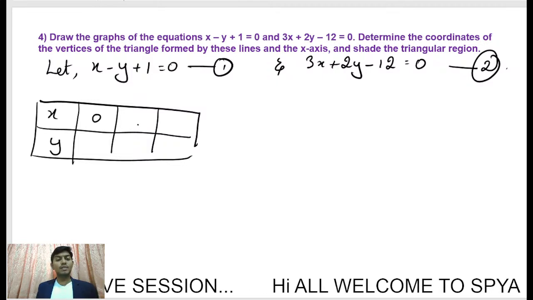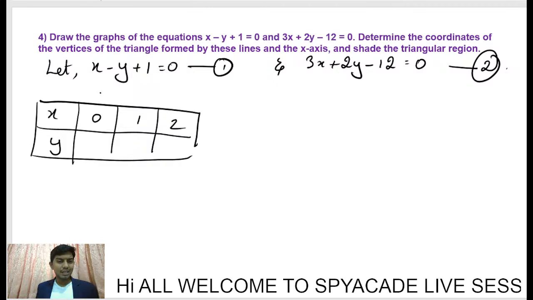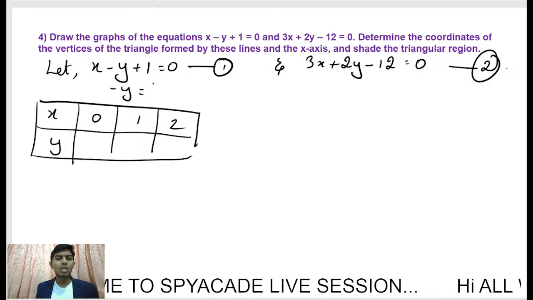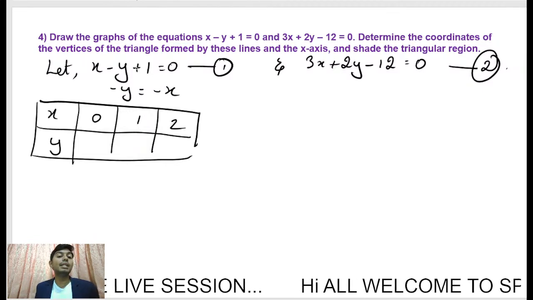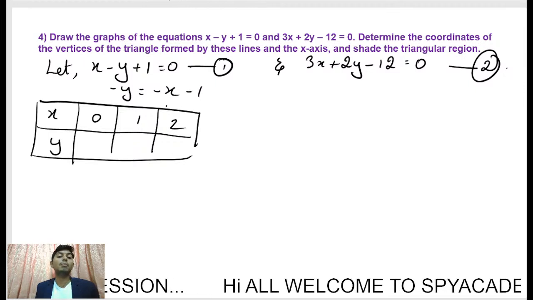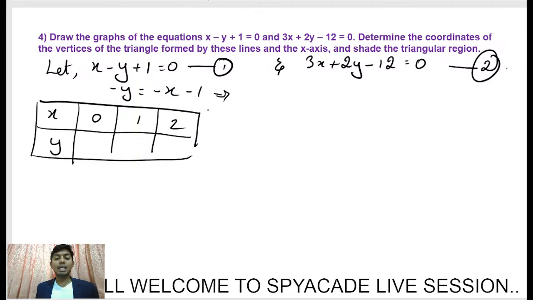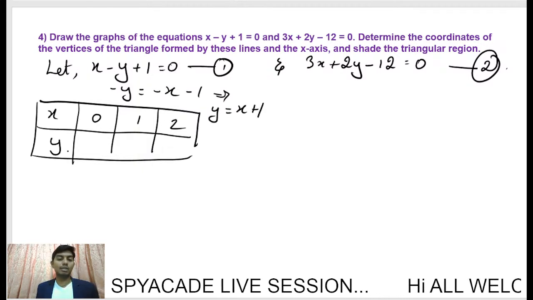So here I'm choosing 0, 1, 2. Before substituting the x value, make this equation y is equal to. Minus y is equal to, plus x comes to the other side, it will become minus x, plus 1 comes to the other side, it will become minus 1. Here I have minus y, but I'm making it plus y, so y is equal to x plus 1.